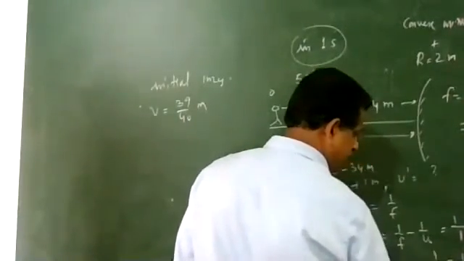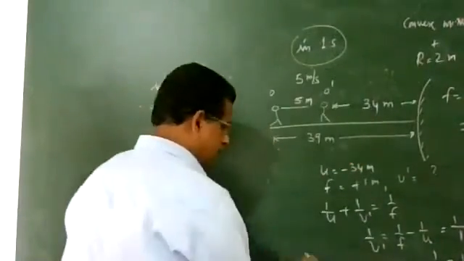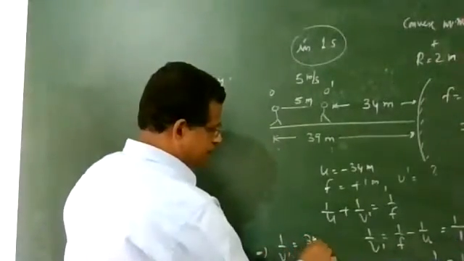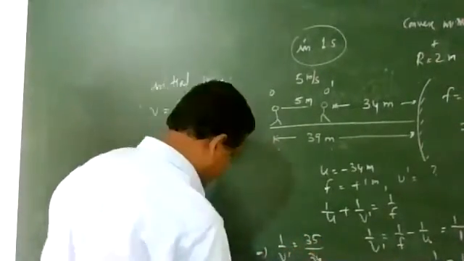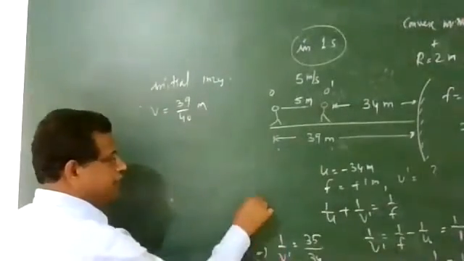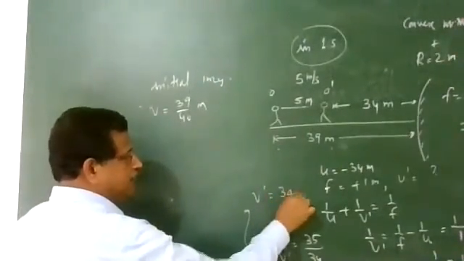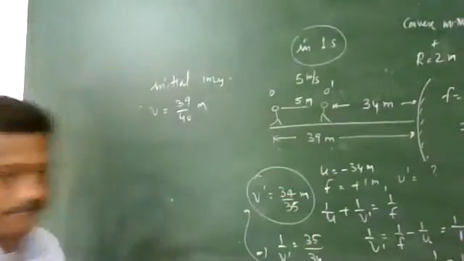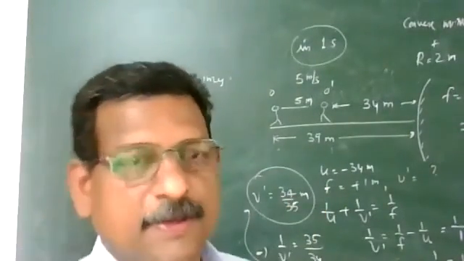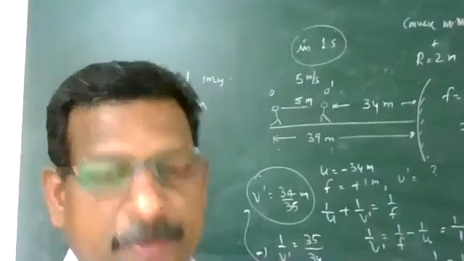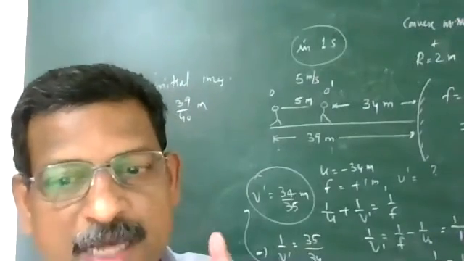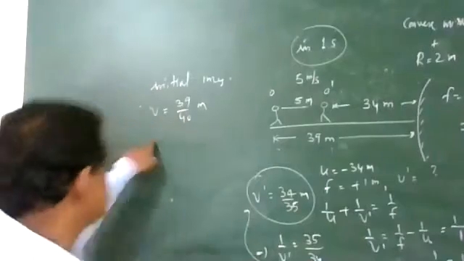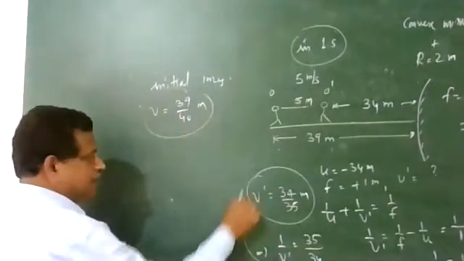This is 1 upon v dash, so 1 upon v dash equals 35 divided by 34, or v dash equals 34 divided by 35 meter. This is the final position of the image after 1 second. The initial position is this, and this is the final position.